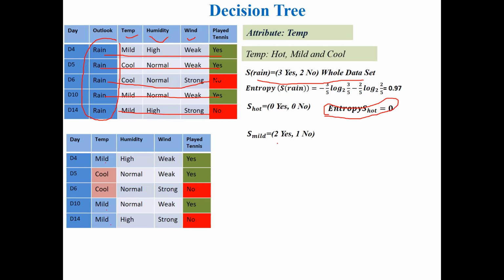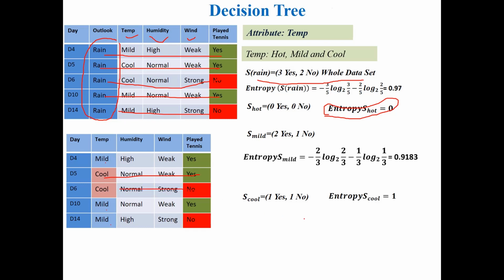Out of these three, two are positive and one is negative. So entropy of S mild is minus 2 by 3 log to the base 2, 2 by 3, minus 1 by 3 log to the base 2, 1 by 3, so it is 0.9183. Similarly, there are two cool examples. Out of these two, one is positive and one is negative, so entropy will be 1.